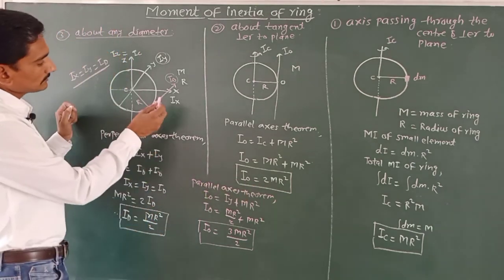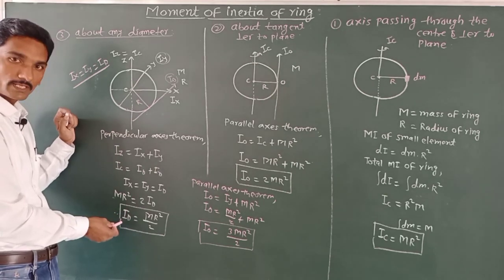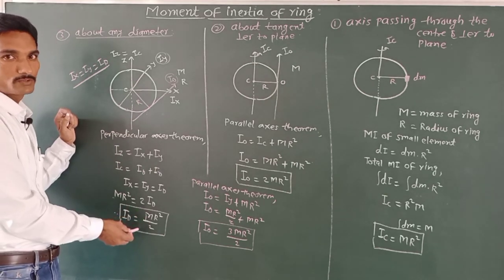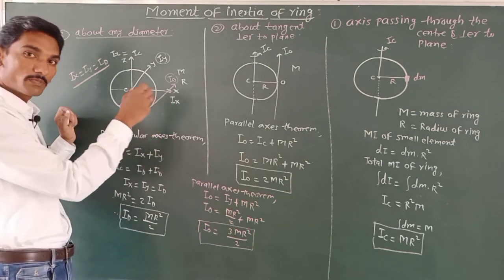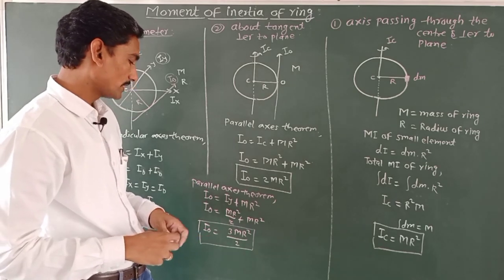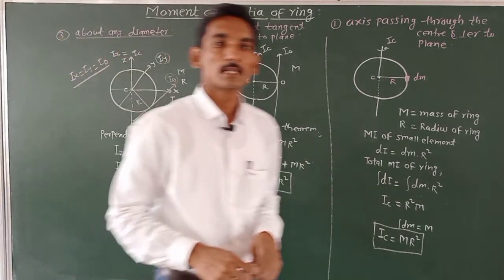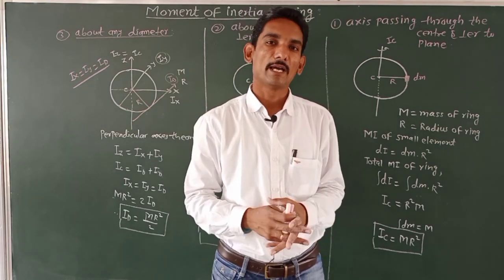If the axis of rotation is passing through any diameter, then the moment of inertia of that ring is Id equals mr square by 2. And if the axis of rotation is passing through the tangent but in the plane of the ring, then we have the relation IO equals 3mr square by 2. So these are the different cases for the moment of inertia of the thin and uniform ring.